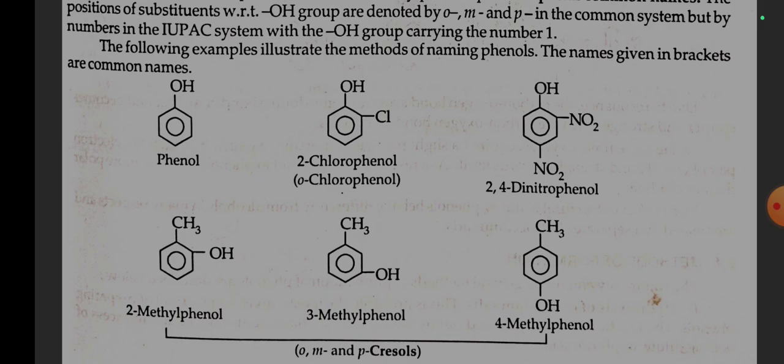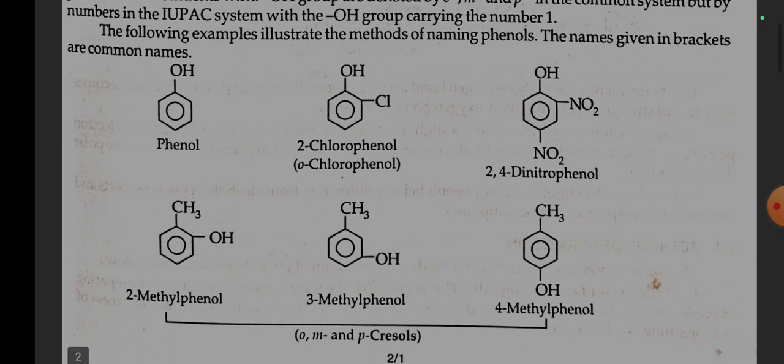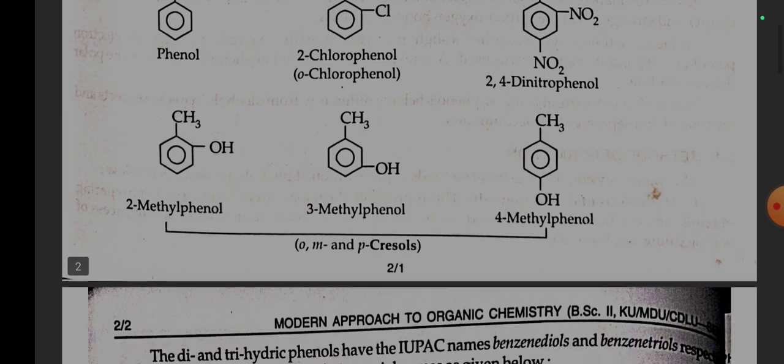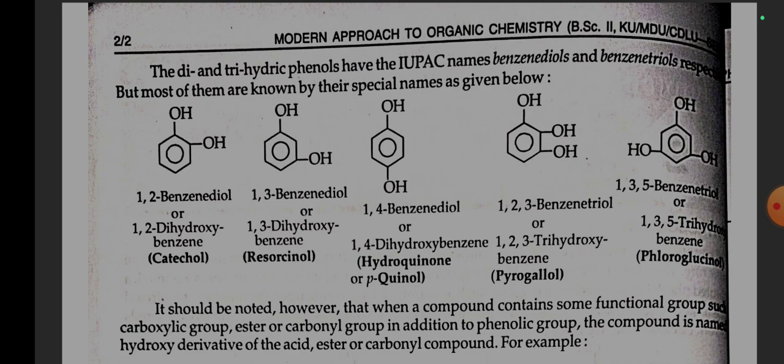The names given in brackets are common names: phenol, 2-chlorophenol, 2,4-dinitrophenol, 2-methylphenol, 3-methylphenol, 4-methylphenol. The di and trihydric phenols have the IUPAC names benzene-diols, benzene-triols respectively, but most of them are known by their special names as given below: 1,2-benzene-diol, 1,3-benzene-diol, 1,4-benzene-diol, 1,2,3-benzene-triol, 1,3,5-benzene-triol, or 1,3,5-trihydroxybenzene.